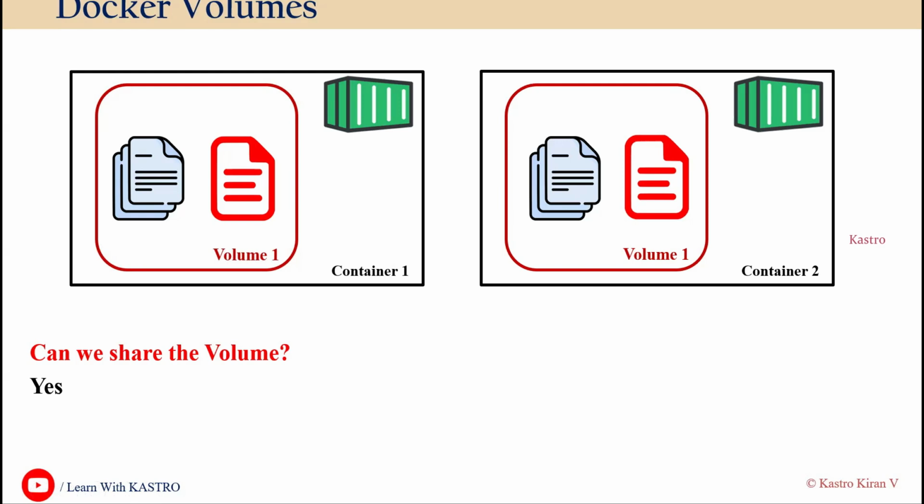The same volume is being shared between both the containers, and that is why whatever files you create in container 1, the same files will get replicated inside container 2 as well. They get replicated only when container 1 and container 2 share the same volume. If the volumes are different, then the data will not get replicated.